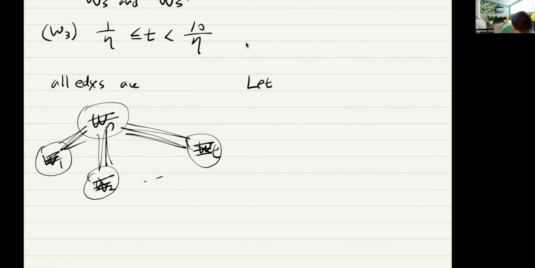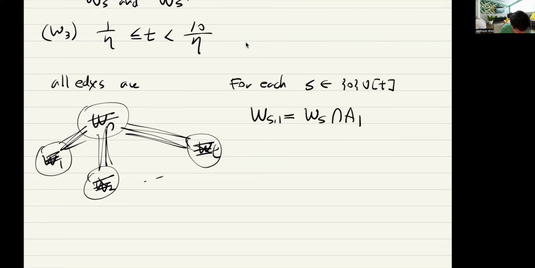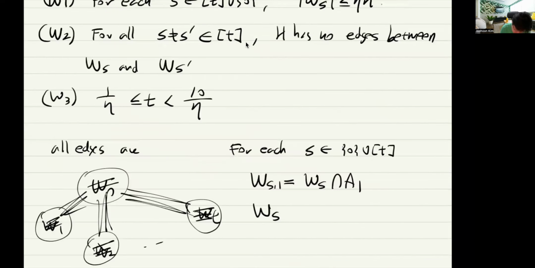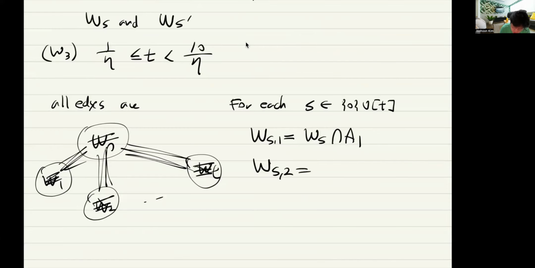So for each S, which is either 0 or a number between 1 and T, let WS1 be WS intersection with A1. So that is the set of vertices in WS which are colored with the first color. This partition A1, A2 is a two-coloring of your graph. And WS2 is WS intersection with the second color.